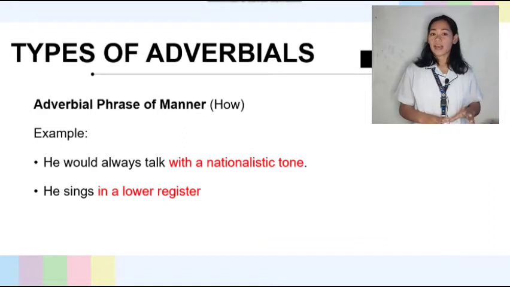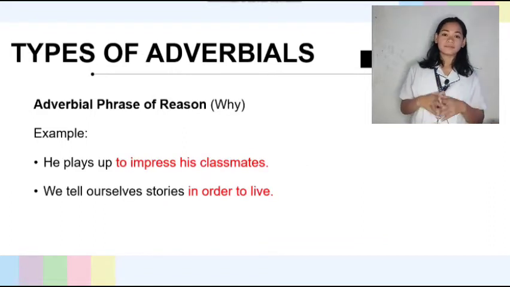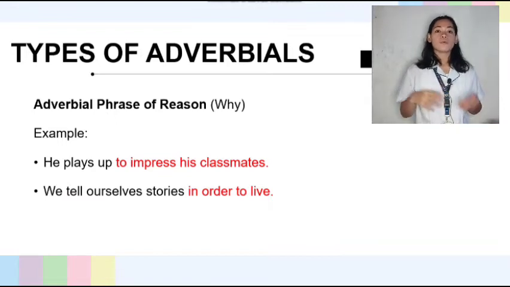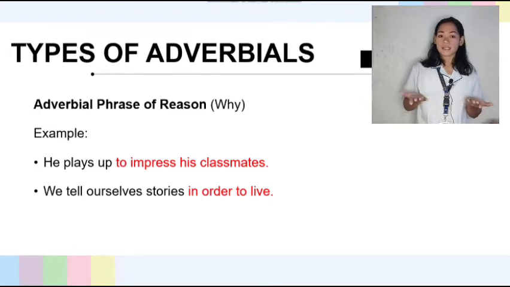Next type is the adverbial phrase of reason. It states why an action takes place or why something is done. For example, he plays to impress his classmates. To impress his classmates is the adverbial phrase because it gives information about the word plays.